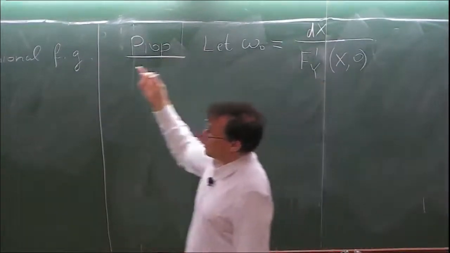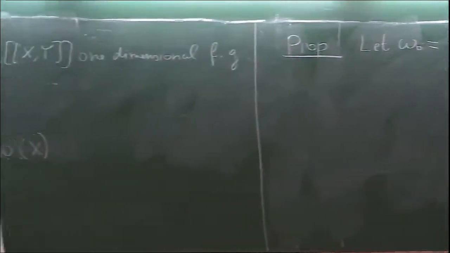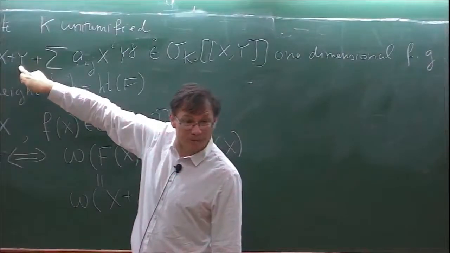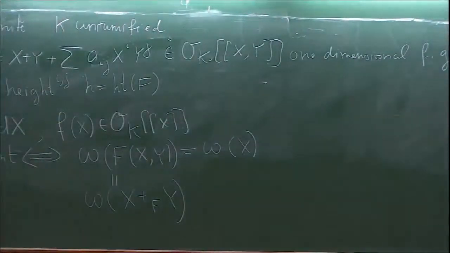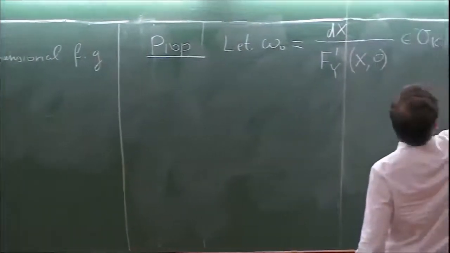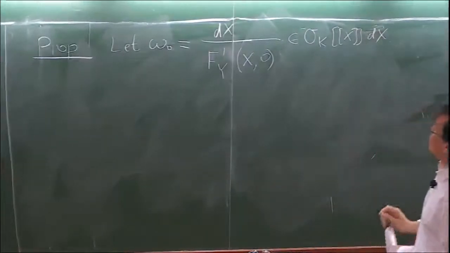Just from the fact that when we differentiate with respect to y, the series starts with 1, so it is invertible. So automatically this is a differential form with integral coefficients.